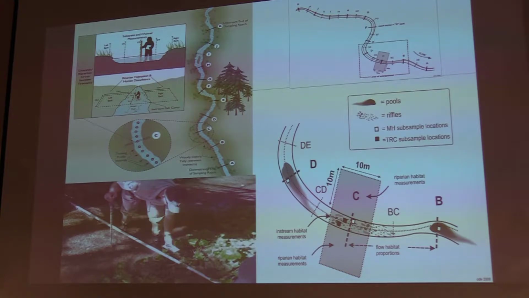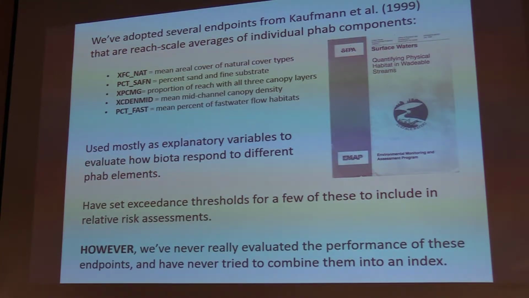transect-based observational data, and from that, we can calculate reach scale averages of a lot of different individual PHAB components. And over the years, we've adopted many of these metrics from Phil Kaufmann's manual, Quantifying Physical Habitat in Wadable Streams. So for example, we can calculate a metric called XFC_NAT.